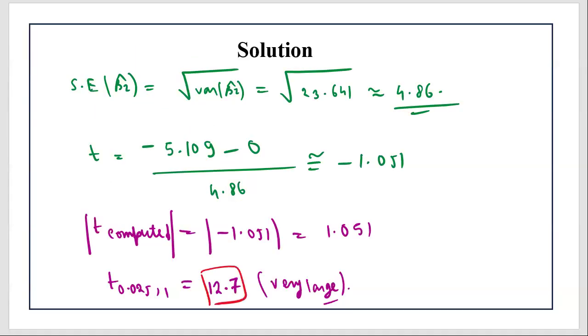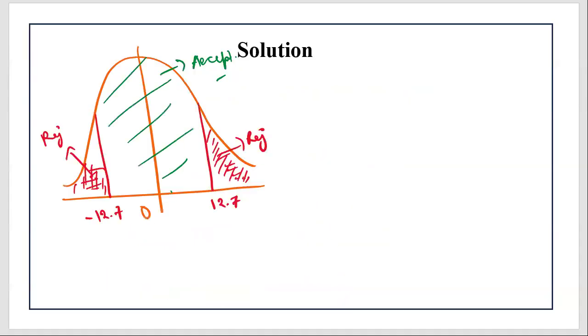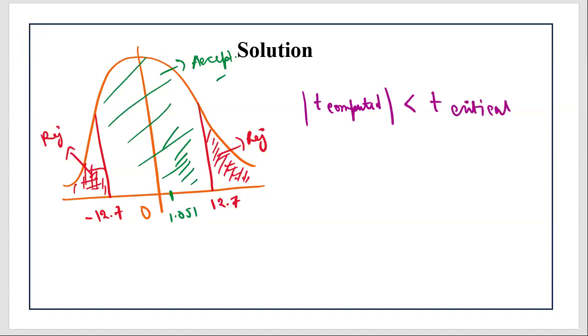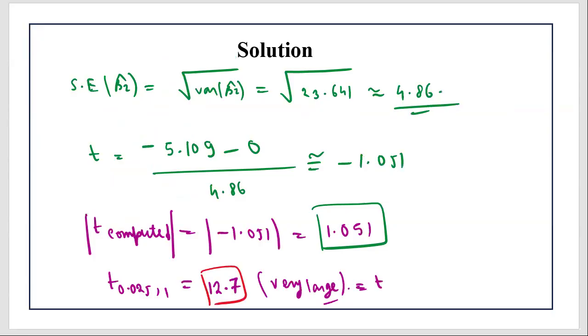Now, what is our computed value? Computed value is 1.051. 1.051 is here, which definitely falls into the acceptance region, right? So we'll say T computed is strictly lesser than T critical value. Critical value is this. This is the T critical.